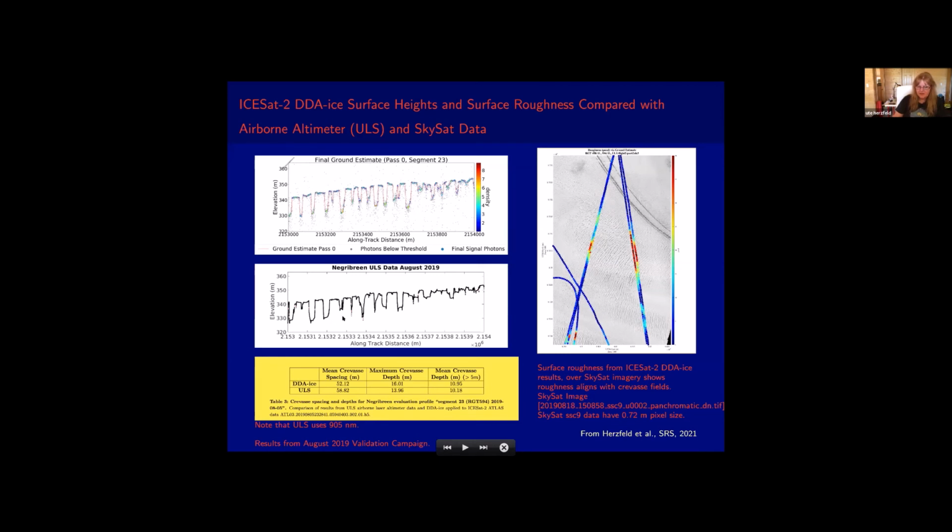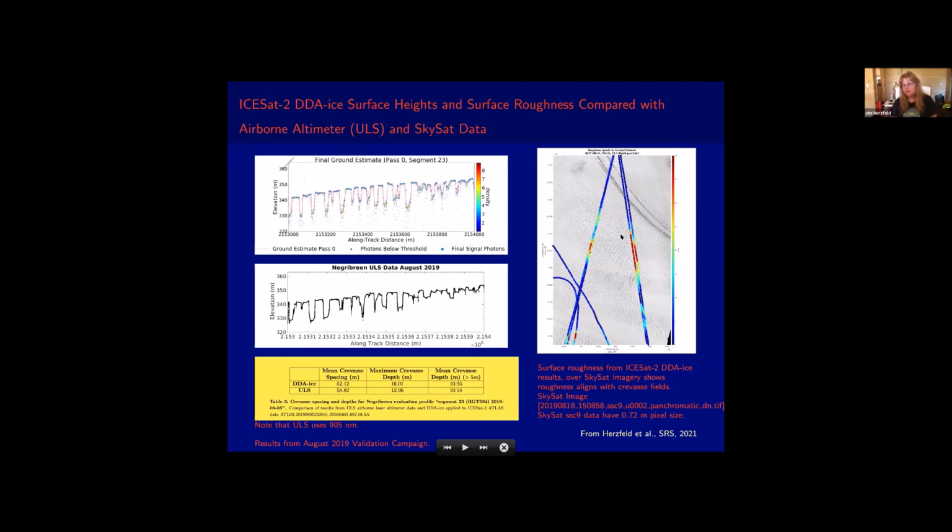The shapes are not exactly the same because the ULS uses near infrared while ICESat-2 uses green. So the interaction, especially with slush and water and whatnot at the crevasse bottoms, is slightly different, but the spacing and depth is comparable. On the right, we have the first higher order product, which is surface roughness calculated from ICESat-2 and from ULS.